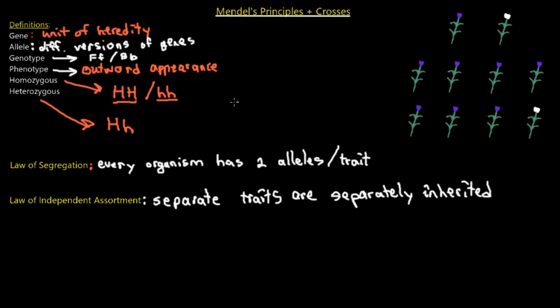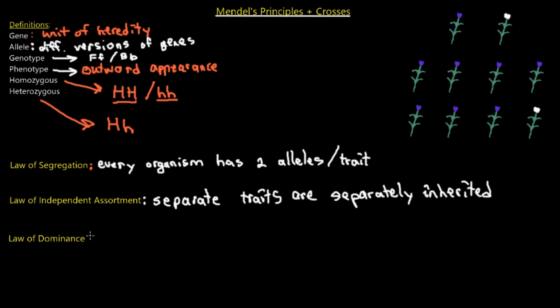So whether or not you're homozygous dominant or heterozygous for your eye color, it's going to make no difference on your height gene, or the gene that determines your metabolism rate. So all of these traits, all of these genes are going to be separately inherited. One gene does not constitute what the other gene is in terms of its genotype.